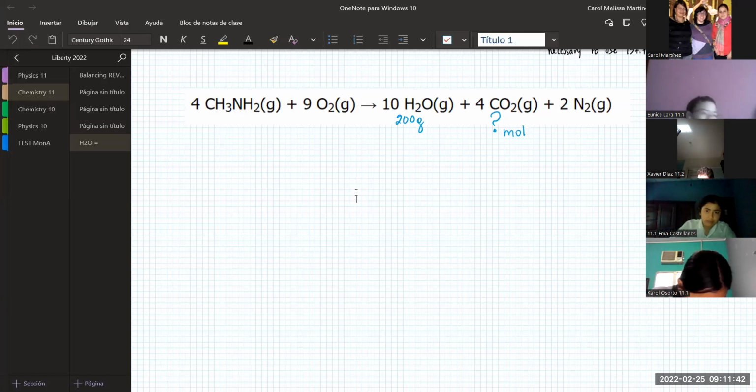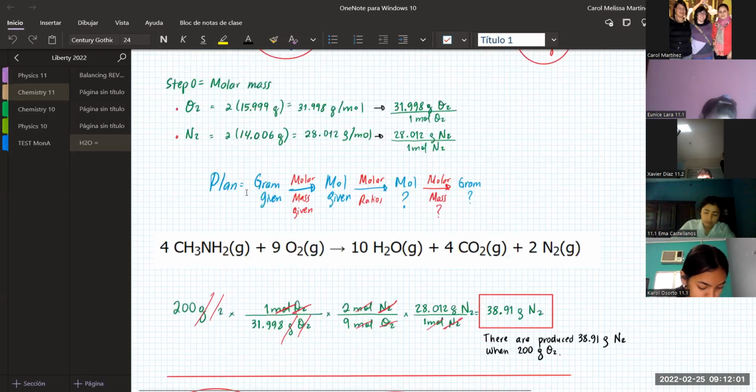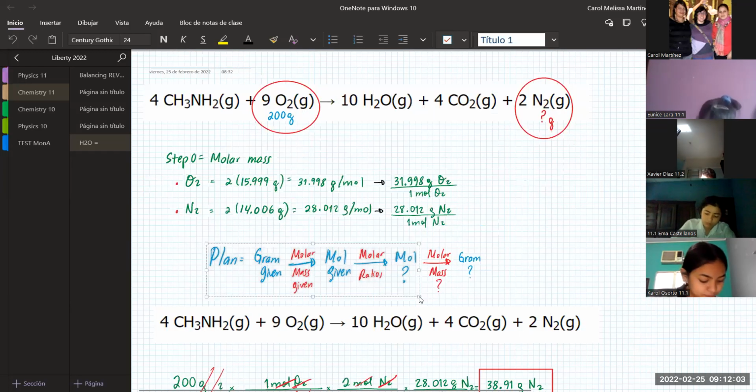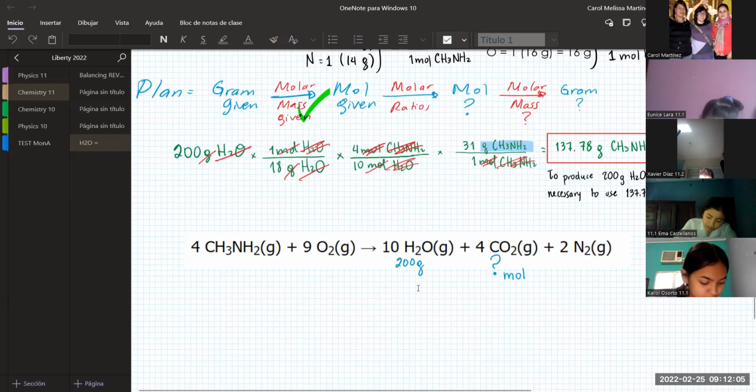So what type of conversion do you have to do in here? Gram to mole, okay? So the plan for gram to mole is this one, with one less step.